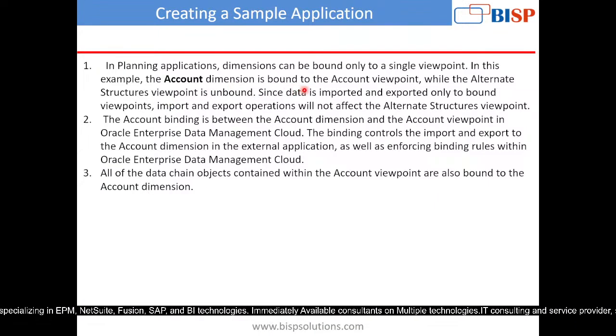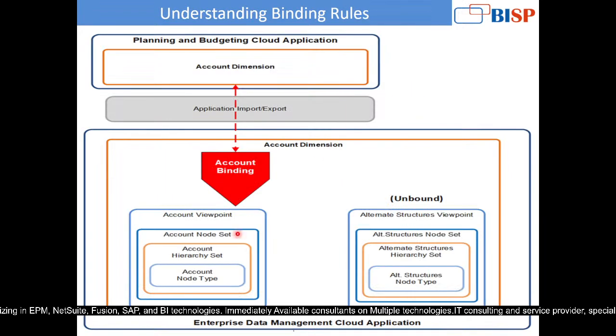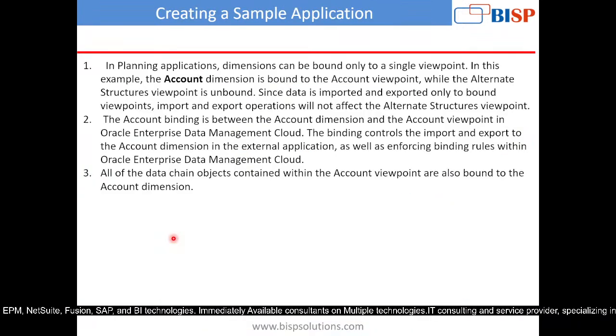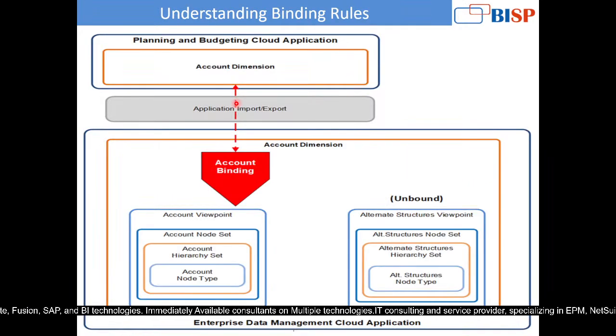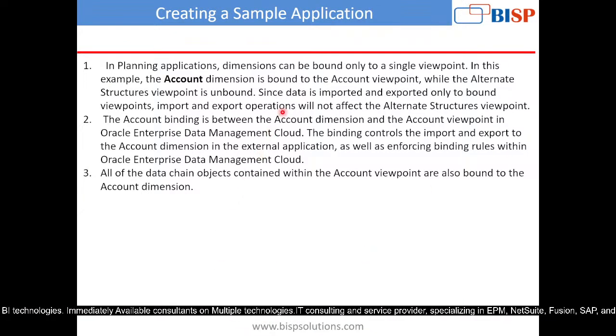So the account dimension is bound to the account viewpoint. You can see that it is bound to the account viewpoint, while the alternative structure viewpoint is unbound. Other than the account viewpoint, if you have an alternative structure viewpoint, it is unbound in status. And since the data is imported and exported only to the bound viewpoints, import and export operations will not affect the alternative structure viewpoint.